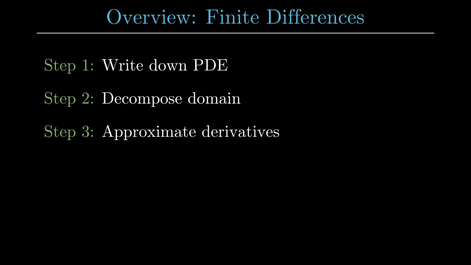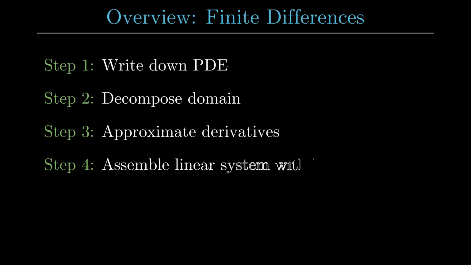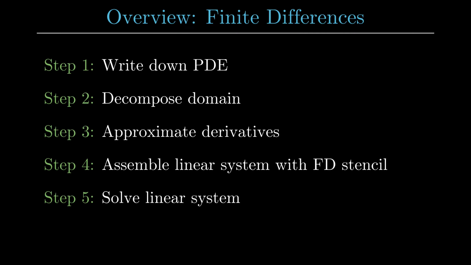Insert finite difference approximations for derivatives into the PDE. Step 4. Assemble linear system with finite difference tensor. We write the PDE that has been approximated with finite differences and discretized on a grid as a linear equation system. Step 5. Solve the linear system.